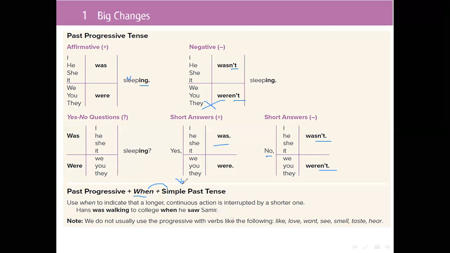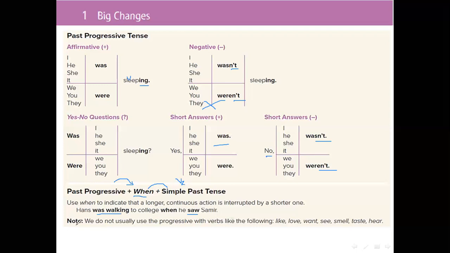The verb should be in the second form, plus ed if it's regular, and use past progressive was or were plus ing before when. Clear now? When is followed by simple past form. Okay? And past progressive tense will be before when. Hans was walking to college when he saw Samir. Past simple tense and past progressive tense.